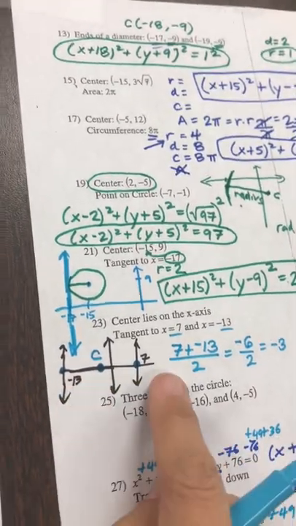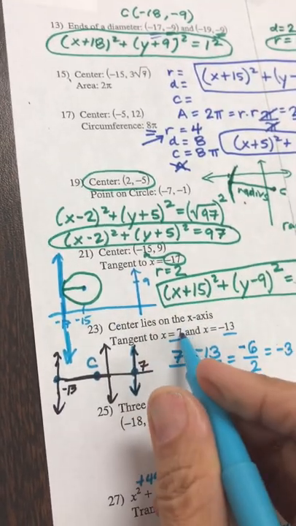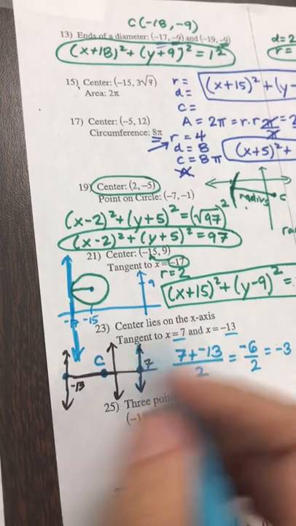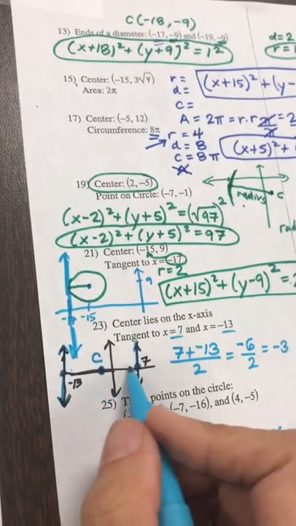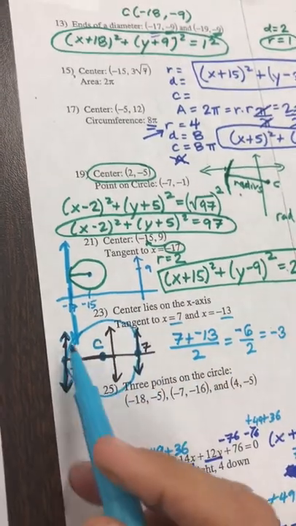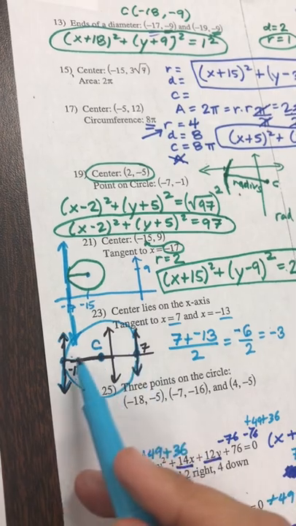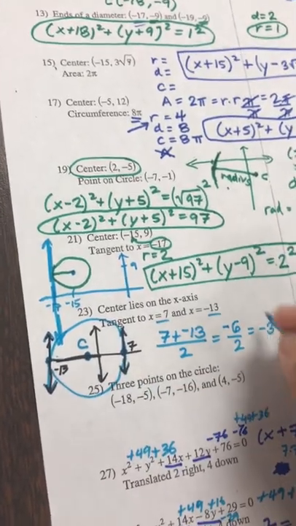It's kind of hard to tell because it's just a rough sketch. But the line x = 7 and the line x = -13, if they were tangent lines, then the whole circle would be trapped between those two lines. And so my center would be at -3, 0.